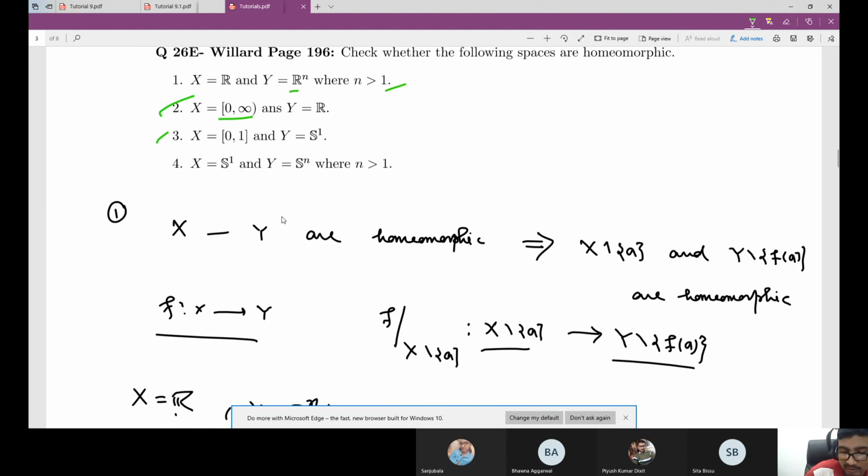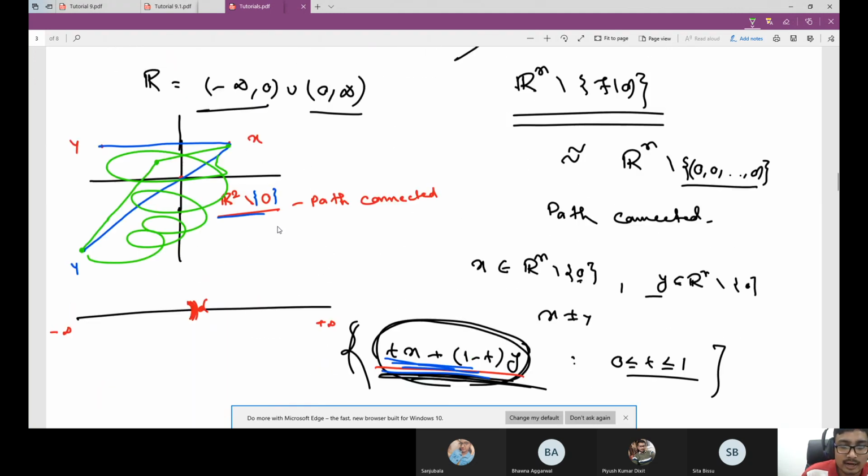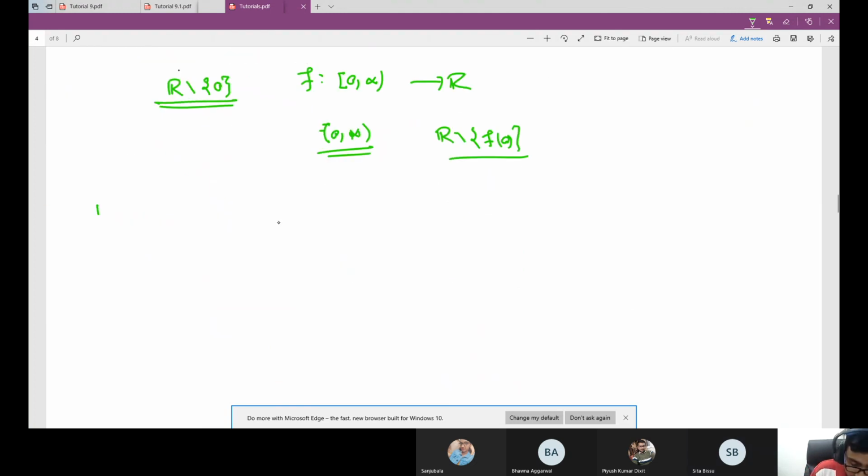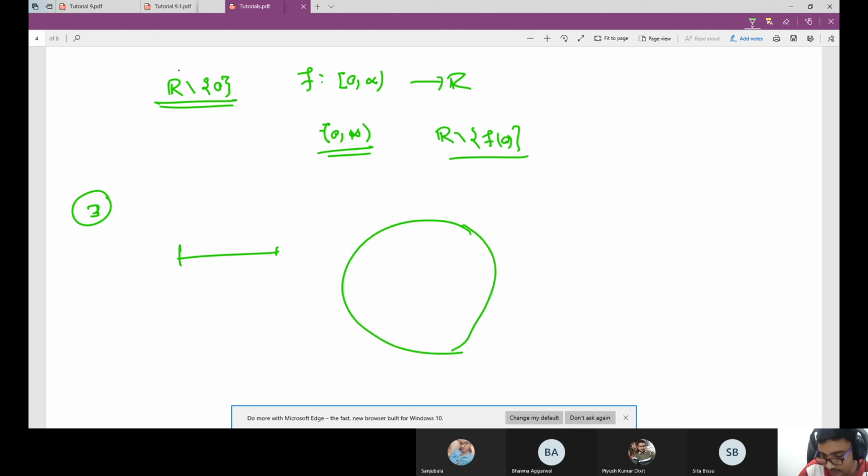I taught this problem in class, so tell me, what about this one? Try to visualize through graph first. You have the line segment 0, 1 and you have the circle. This does not look like a circle, but in fact this is a circle for us.